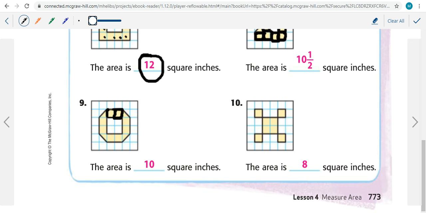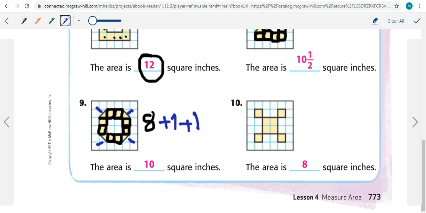First we're going to count los enteros. 1, 2, 3, 4, 5, 6, 7, and 8. We have 8 wholes. Now we're going to see how many halves. 1, 2, 3, and 4. Remember that 2 halves make 1, so my answer is 10 square inches.